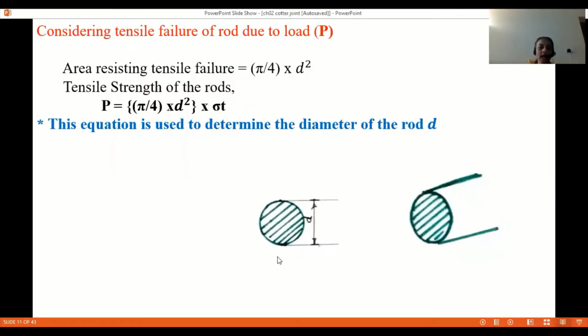From this sketch, we come to know that the area resisting tensile failure is pi by 4 d square. So the tensile strength of the rod will be given by the formula P is equal to pi by 4 d square into sigma t. We know P, we know sigma t, and pi by 4 is a constant. From this equation, we will be able to calculate the diameter of the rod, d.